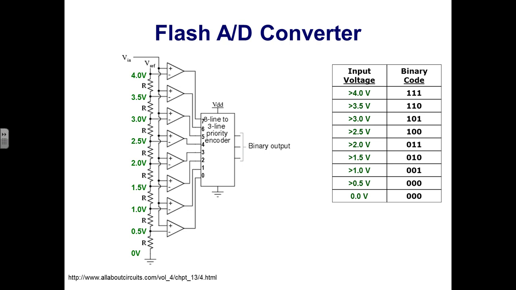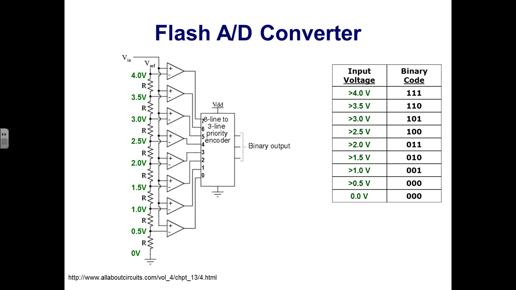The fastest A to D converter is known as a flash converter. Here I have a whole stack of comparators, and I have a large voltage divider network set up feeding the negative sides of all those comparators. The positive side of all those comparators goes to the same input voltage.